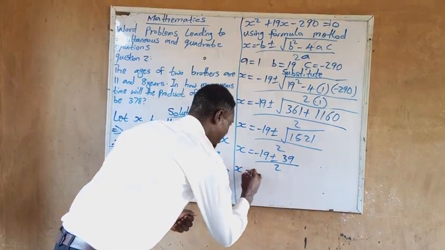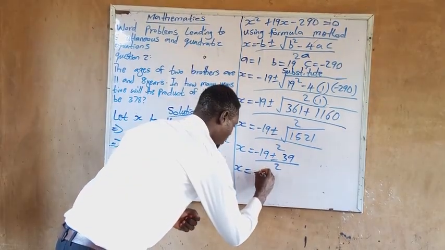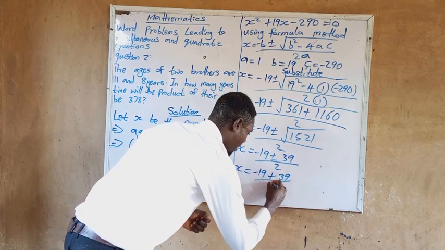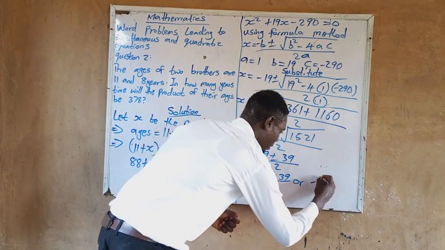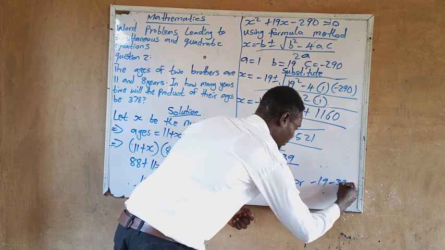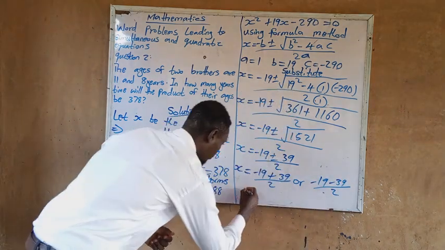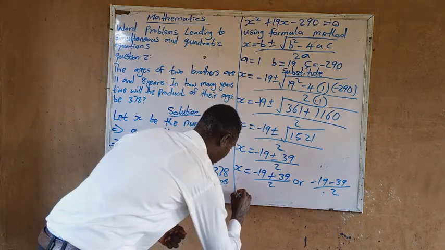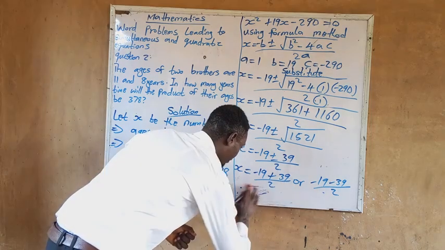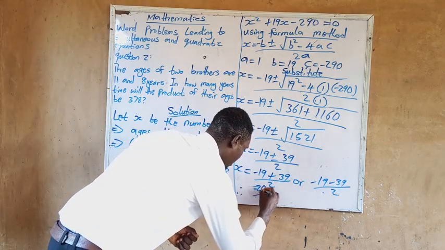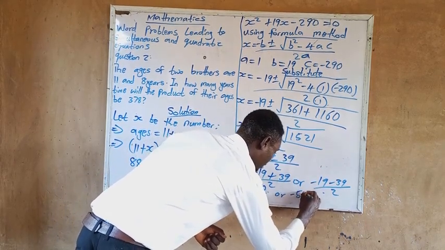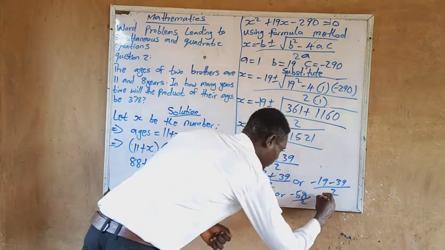Now that means x is equal to minus 19 plus 39 all divided by 2, or minus 19 minus 39 divided by 2, which gives us 20 divided by 2, or minus 58 divided by 2.